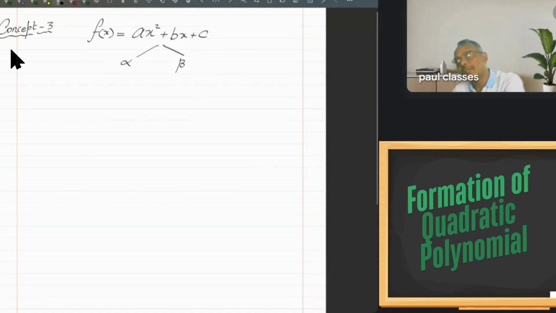You have written that sum of roots is given as minus b by a, product of roots is given as c by a. ठीक है, अभी तुम्हारे पास ऐसे वाले चैलेंजेस आएंगे कि यार अल्फा स्क्वायर प्लस बीटा स्क्वायर का वैल्यू निकाल के बताओ.